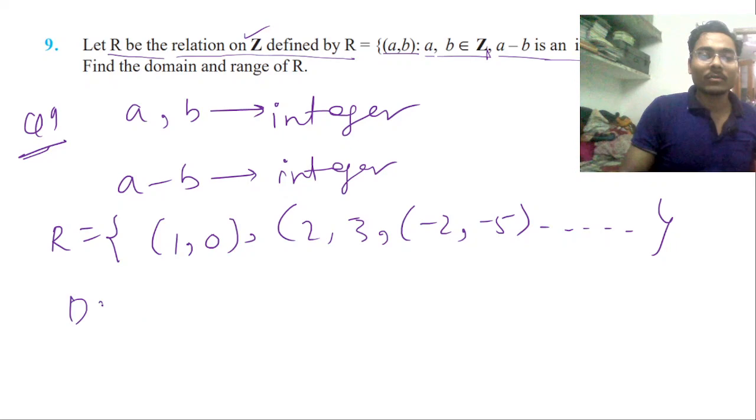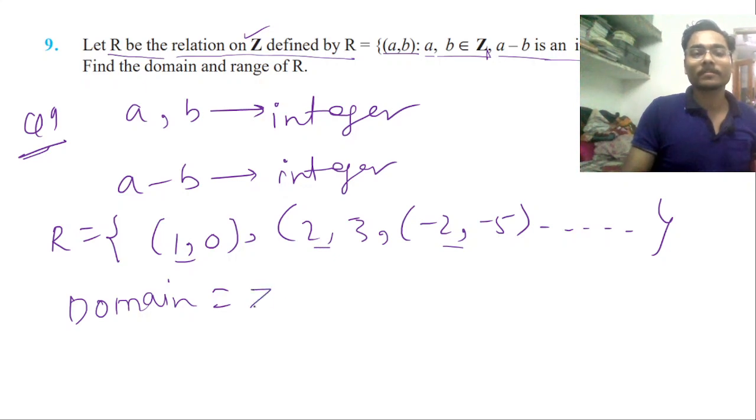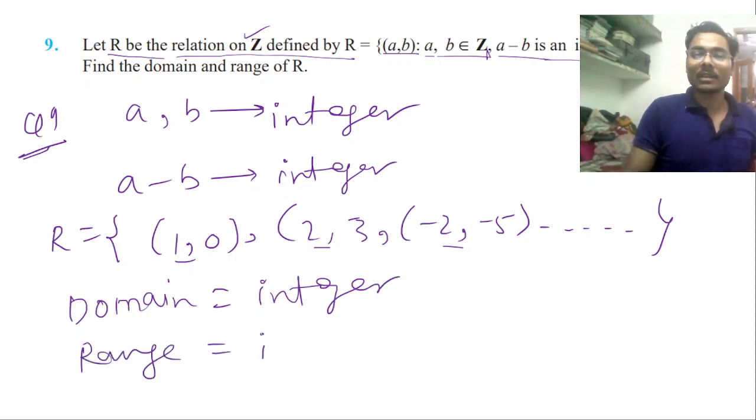So if we try to write the domain, which is the set of first elements, these are also integers, so the domain is also the integers, and the range is the set of second elements from this relation R, so the range is also the integers.